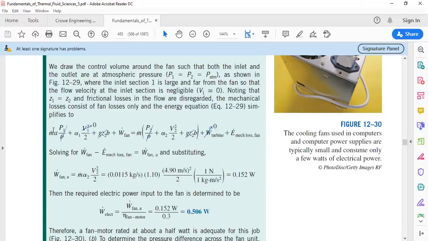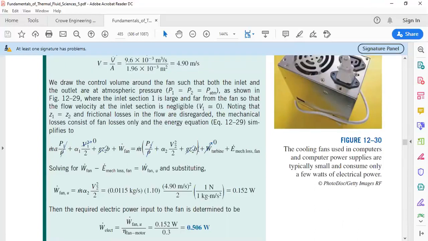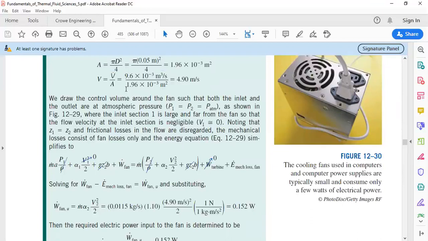The pressures again are equal to the atmospheric pressure. The inlet section is assumed to have very low velocity, so it's negligible. And V2 is the one that we calculate, the velocity through the hole.